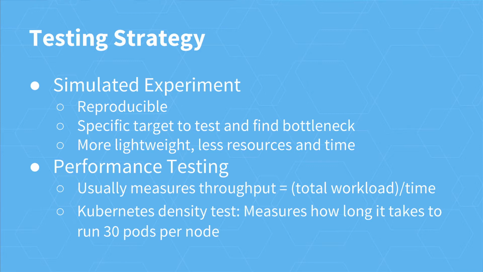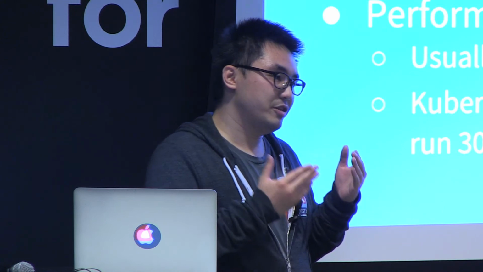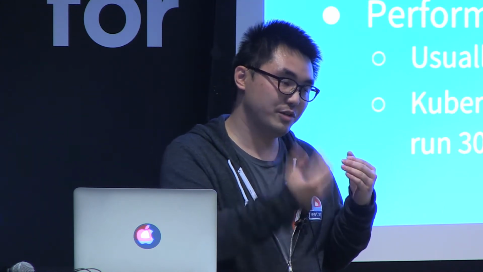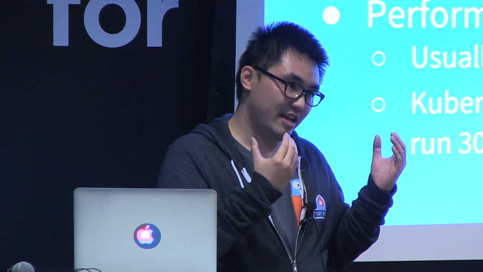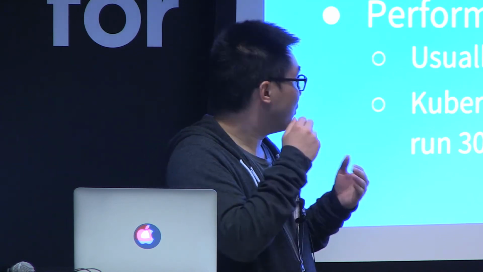However, if we do something that no one else can reproduce in their environment, it's going to be really bad in open source work. So as a result, we need an easy way to simulate the trivial things and test only the key components, so that other people can reproduce it in their environment as well. The simulation is usually more lightweight and costs less resources and time.